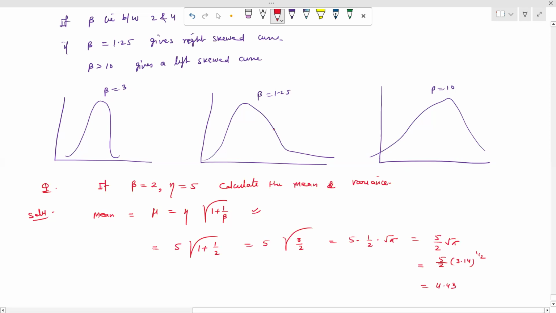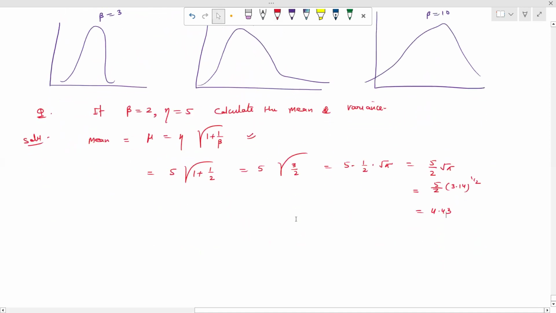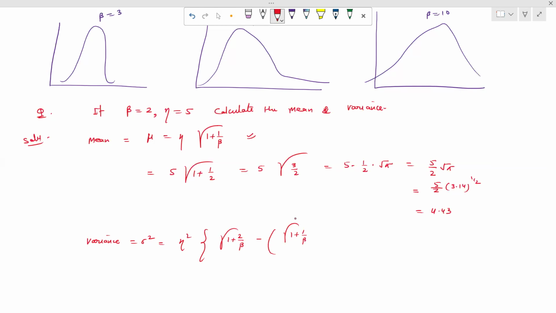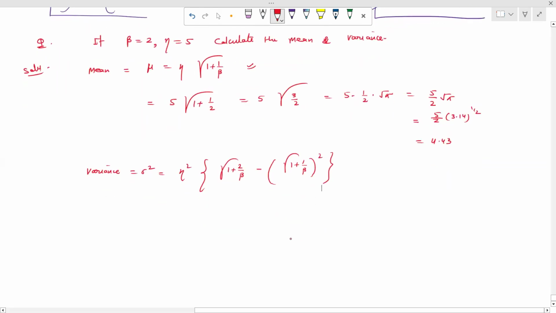Now to calculate the variance, we denote it as sigma square. Sigma square is equal to eta square times gamma of 1 plus 2 upon beta minus gamma of 1 plus 1 upon beta, to the whole square. This is the formula of variance.